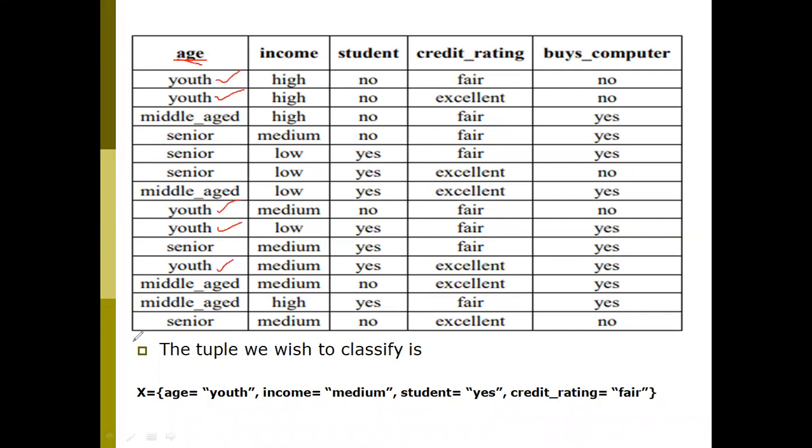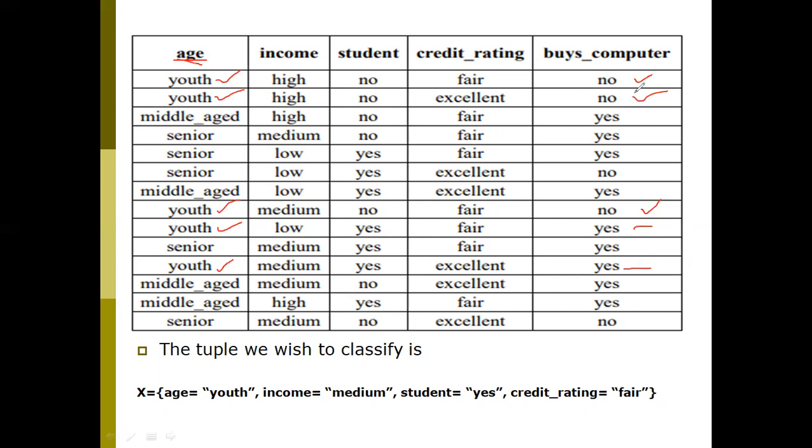Out of these 5 records, how many are labeled with yes and how many with no? Let us check. This is youth, no. This is youth, no. This is youth, no. This is also youth, no. After this, it is youth, yes, and after that, youth, yes.